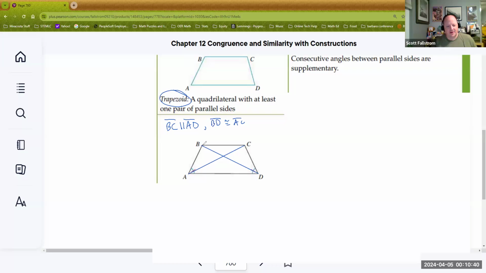See this line BD right here? And this point C? I'm going to make a parallel line to BD, and it's going to go through C. And like that, so I have parallel lines. And then I can extend AD, just like with your straight edge, just extend the line to wherever it hits.